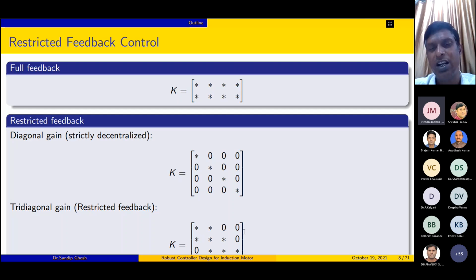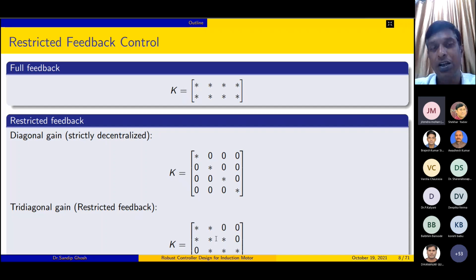For example, in multi-agent system, you will see that one agent uses neighboring information. So in that case, you will find a tri-diagonal structure of the controller and have to design the controller so that the control gain will be in such restricted format. And once you have designed, then you can apply that to your particular application.